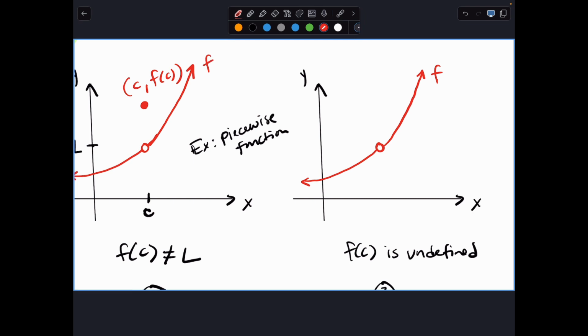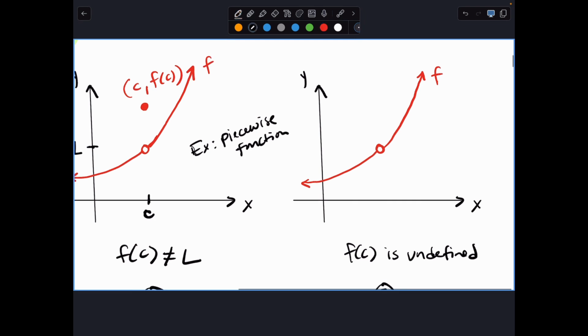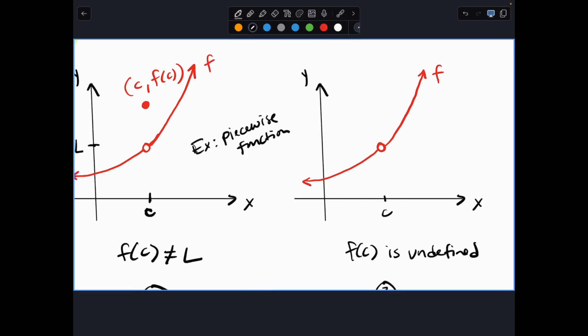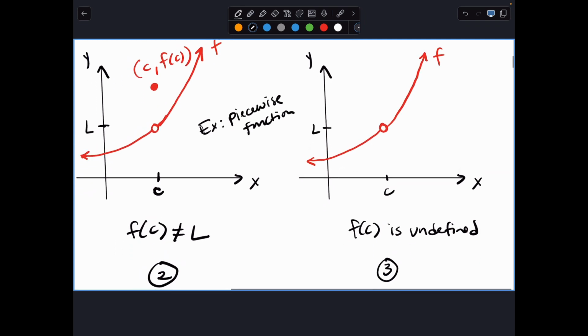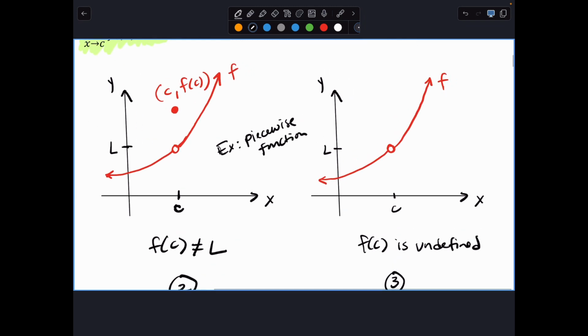This is still f, this is x equals c, this would be L. But f of c is undefined, because there is, again, a non-removable discontinuity, or in this class, what have we referred to that as?